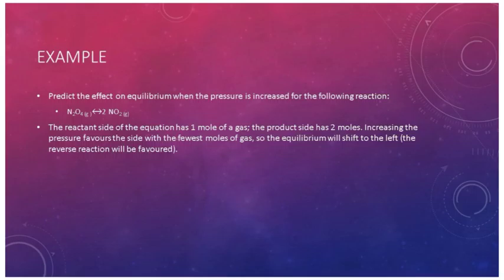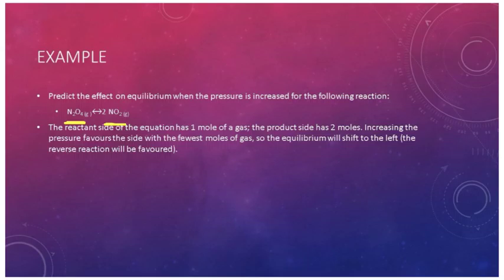So here's an example. Predict the effect on the equilibrium when pressure is increased for the following reaction. So we have the dinitrogen tetraoxide giving us 2 moles of nitrogen dioxide. So there's gas on both sides of the reaction. There's 2 moles over here and only 1 mole over here. So we are increasing the pressure.